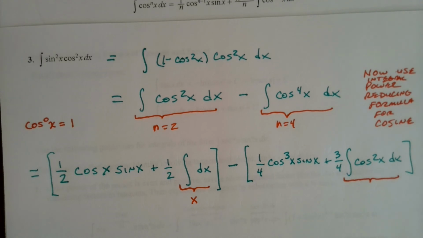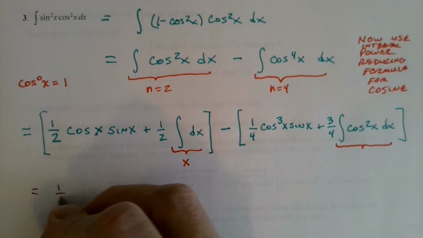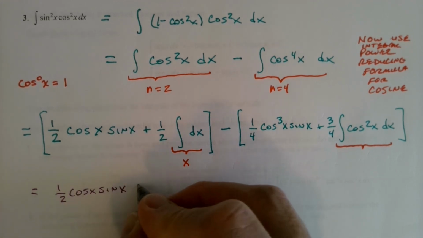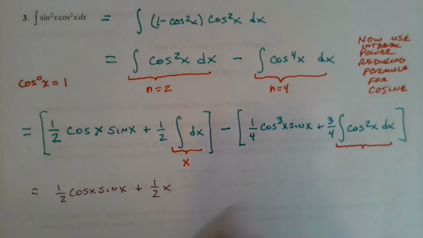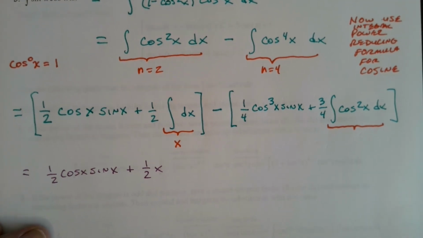Okay, so let's write this out and see what this looks like now. This is 1/2 cosine x sine x plus 1/2 x. Now there's a plus c, but I'm going to put it at the end when I'm done with everything. I'll combine all the constants in as one big constant.